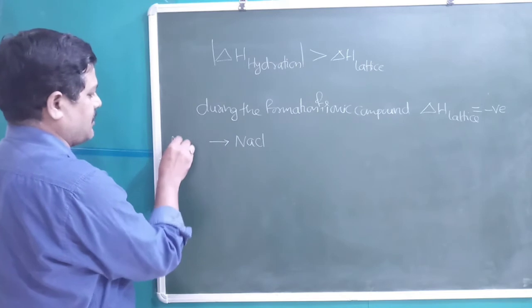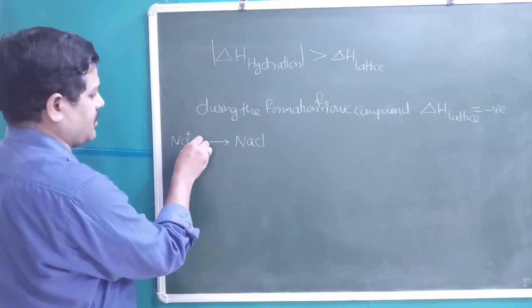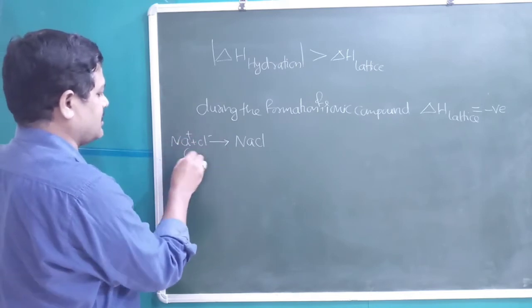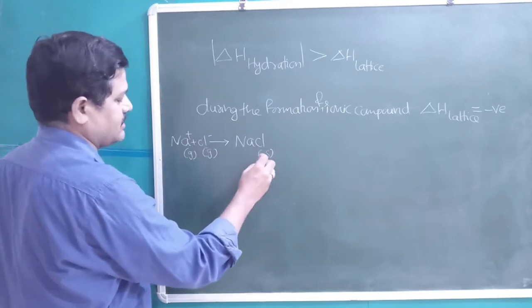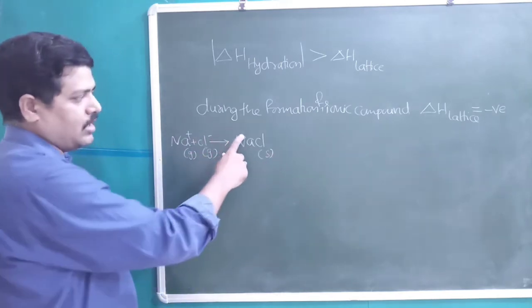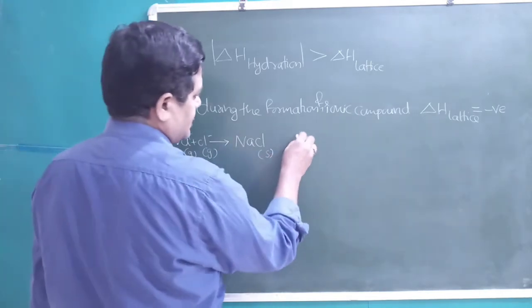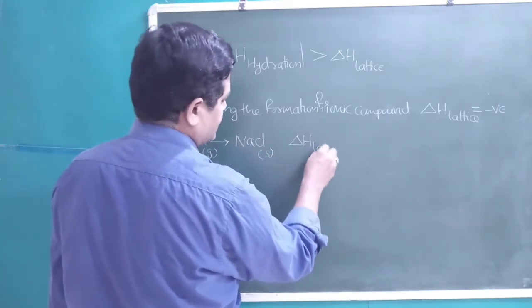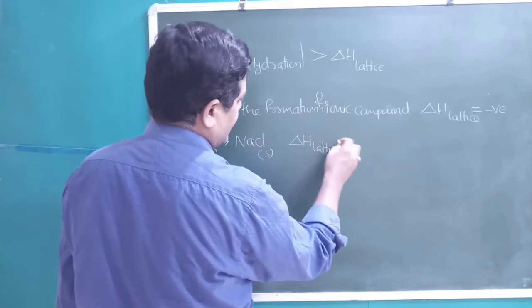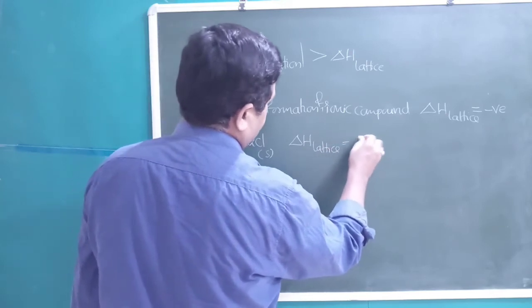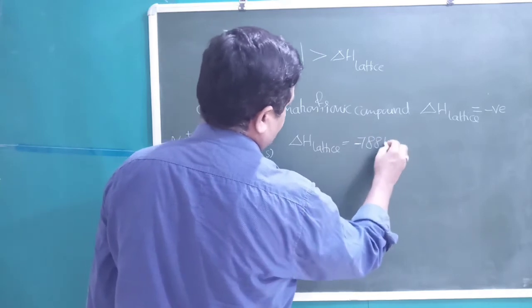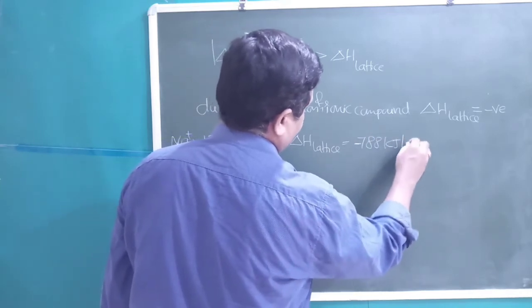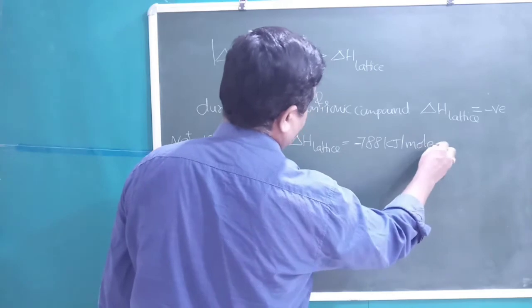is formed from its ions, Na plus ion and Cl minus ion in the gaseous state, they are packed in the crystal lattice to form 1 mole of NaCl. Delta H lattice is minus 788 kilojoule per mole.